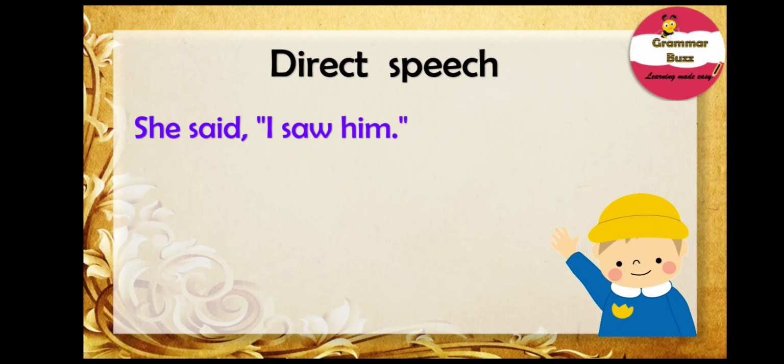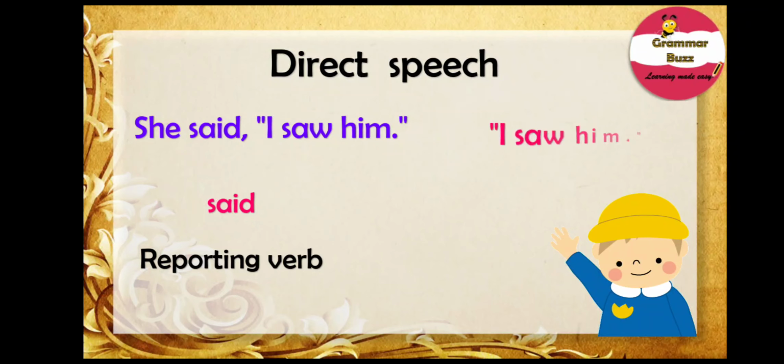The part where it reads "she said" is not in speech marks because this part was not said out loud. This is just a way of the writer communicating who was speaking to the reader. "Said" is the reporting verb in the sentence, and "I saw him" is the reported speech.